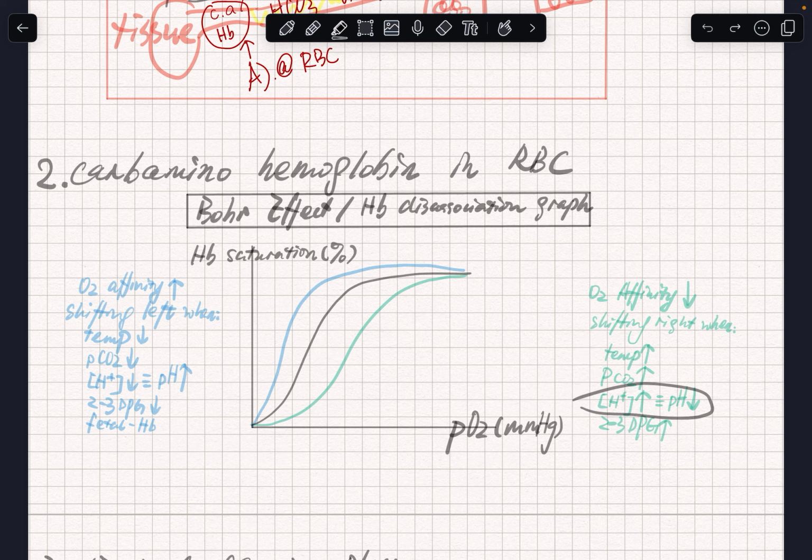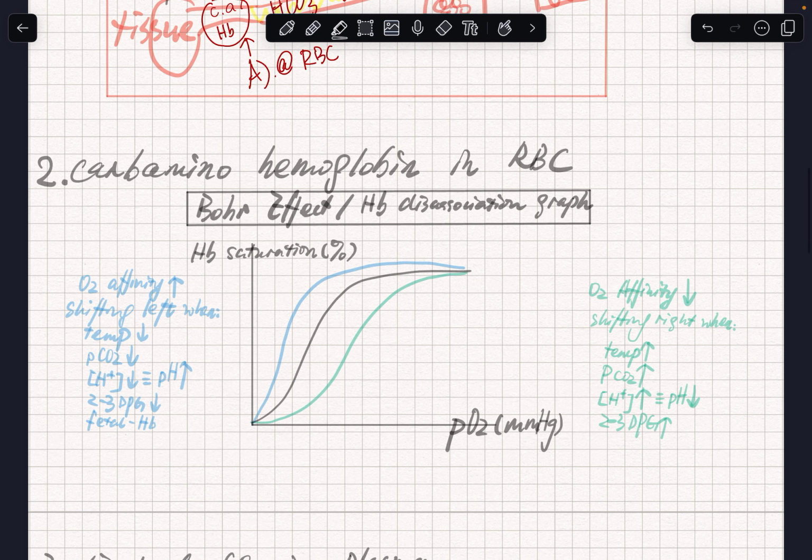And then one more phenomenon is that 2,3-DPG increases because it's an intermediate of glycolysis. Of course, when you're exercising, when you're feeling so warm, a lot of glycolysis activity is happening, right? So all these biological phenomena tell the body, okay, now I have to decrease my oxygen affinity.